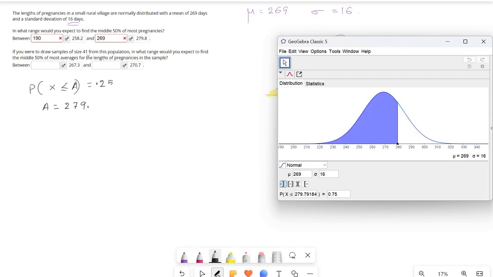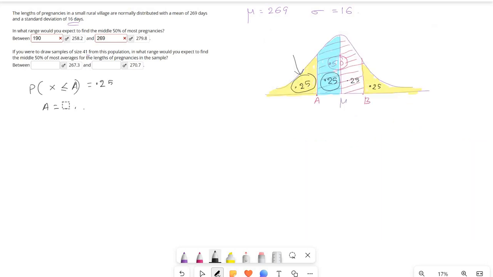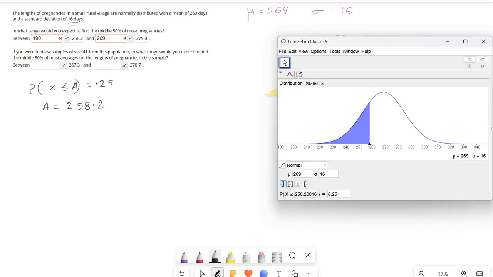A is 258.208, but we are asked for one decimal place, so we can write it as 258.2.